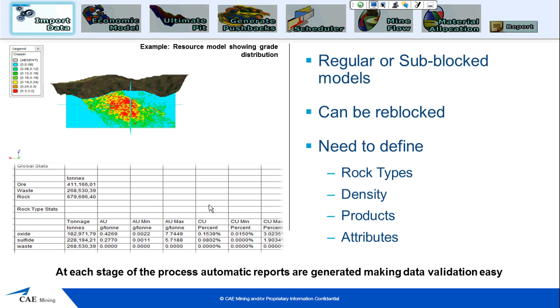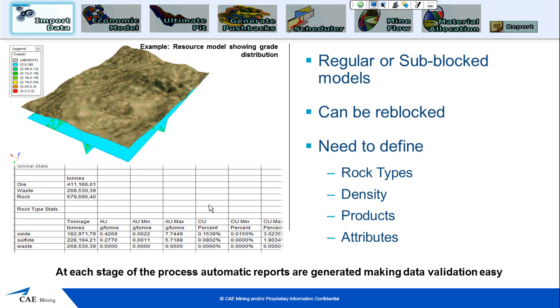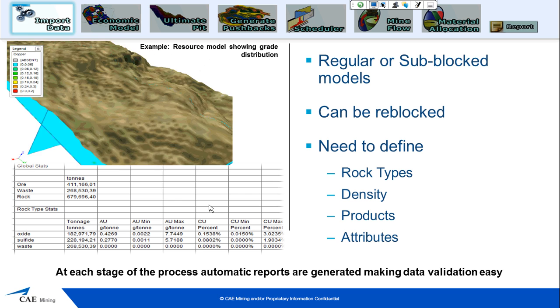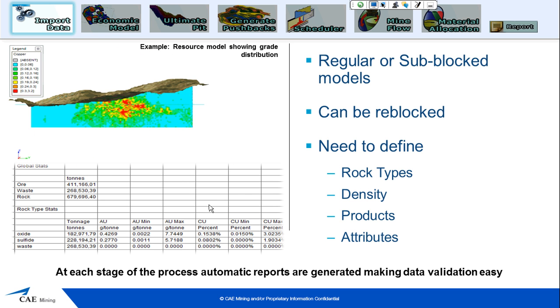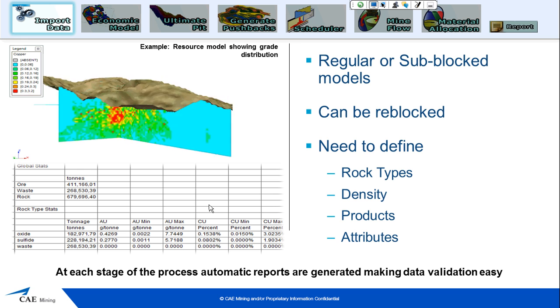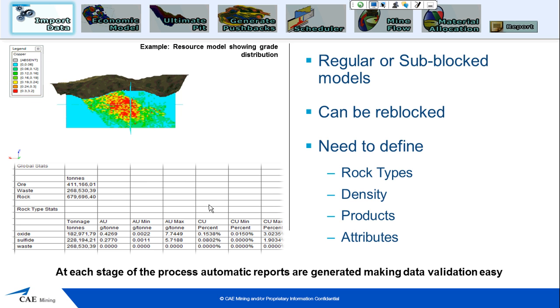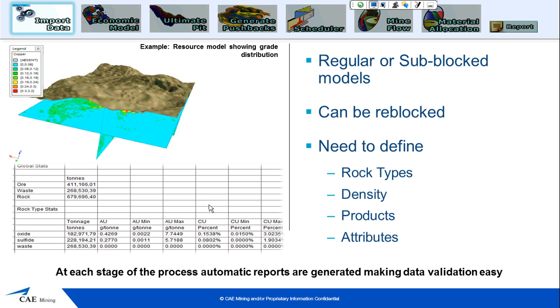And all the user has to do is map the rock types, density, products, and attributes. At this stage, and at any stage in this process, there are reports, so you can check and see the result, see if your block model came in properly.